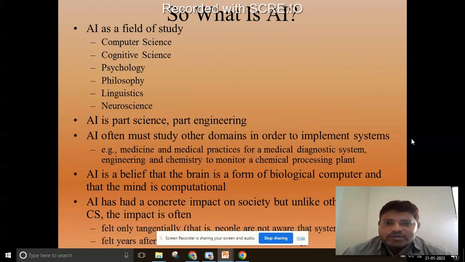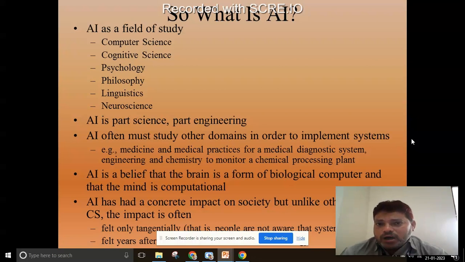Then, what are the main fields where AI is applicable? AI is applicable in all fields, like engineering and computation, in the healthcare industry, everywhere. The fields that should be bound together to get the whole picture begin with computer science, because we need that background.